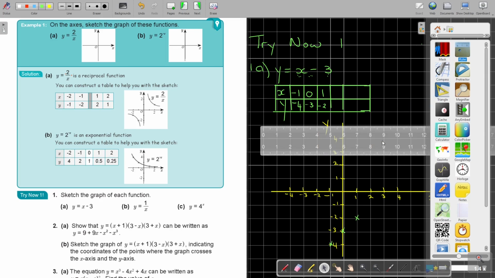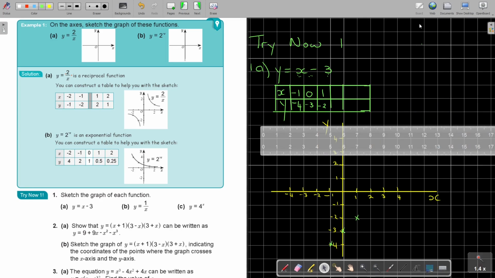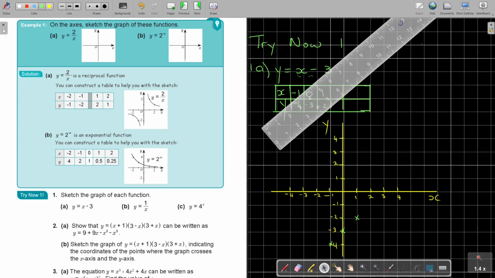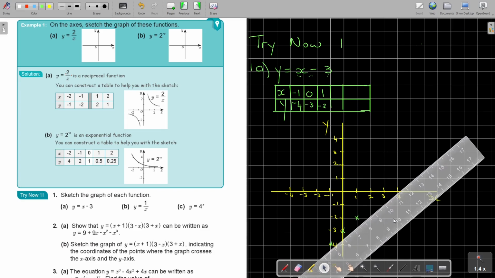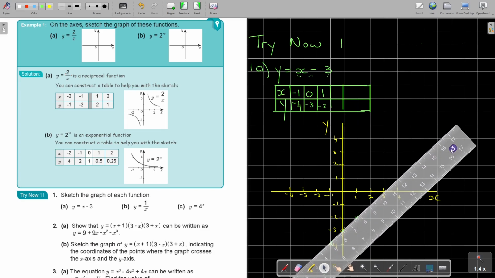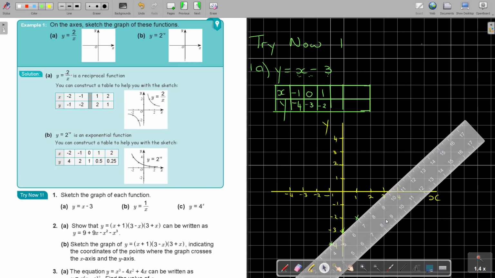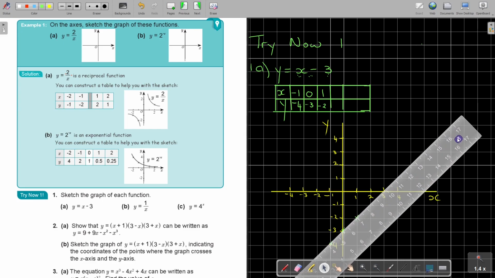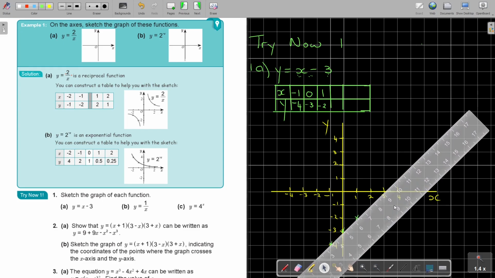I'm just going to get it in position, and then I just turn it a bit until it's in that position. Okay, it will go there at -3.